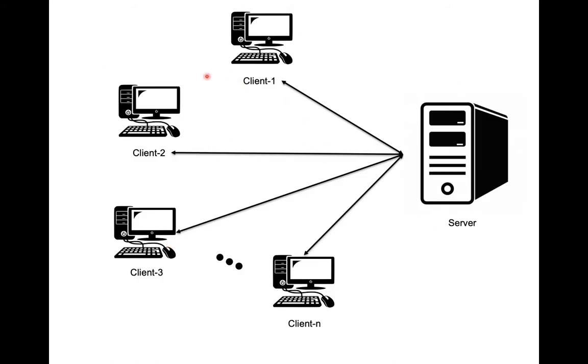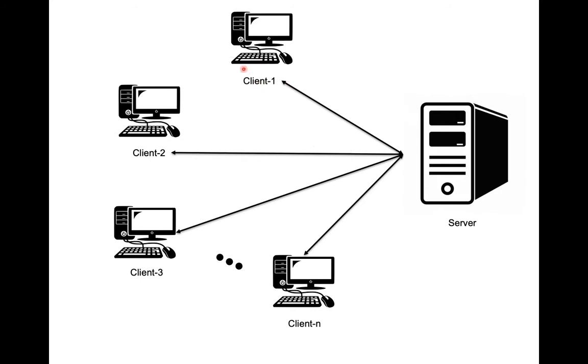Again, if we have a couple of clients created here, and each client is connected with a child process of the server, then, as we saw in the previous lab, if you are using it in a half duplex way, you need very tight timing synchronization, and if you are using it in a full duplex way, then you have to have a separate pipe for each and every client.